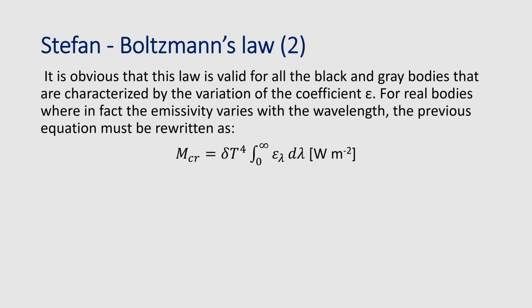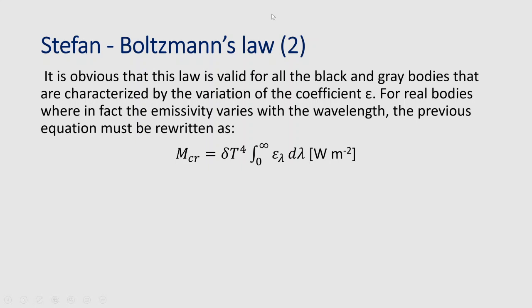You see, for real bodies, for example the surfaces that we can find over the Earth's surface, the epsilon, the emission coefficient, as you remember from the diagram we saw before, is not constant for all the wavelengths.